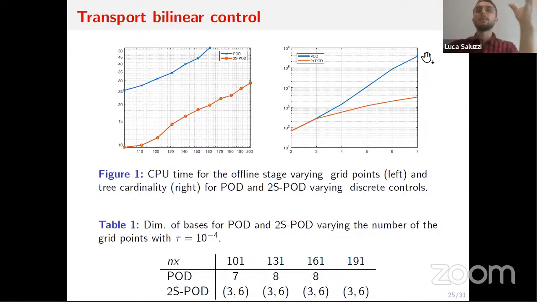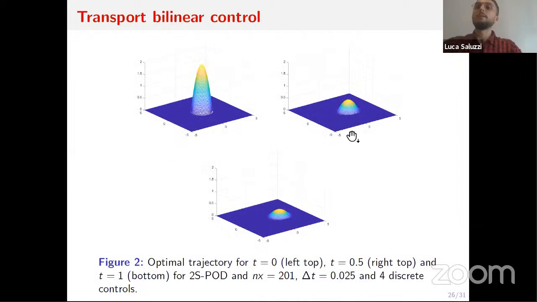It seems that after the two-side POD projection, we are projecting onto a space in which the variance is lower. So we have many more possibilities to apply the pruning criterion, since two points are close according to the tolerance. This implies that the online phase is also faster for two-side POD. This is just the optimal trajectory for time equal to 0, 0.5, and 1 with these parameters.